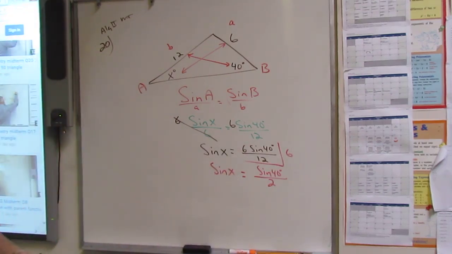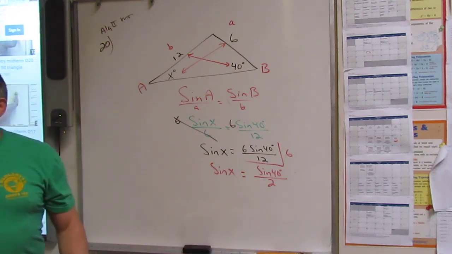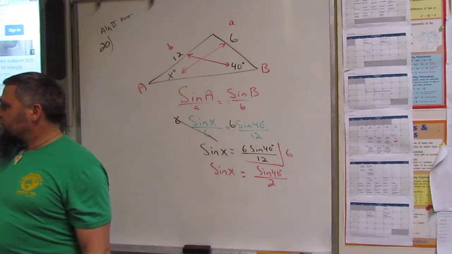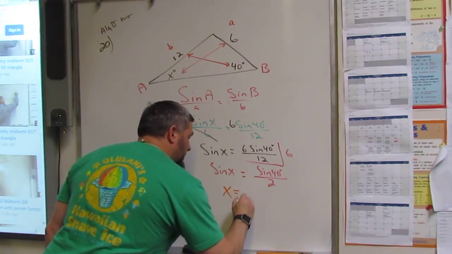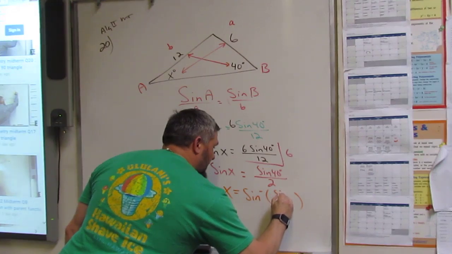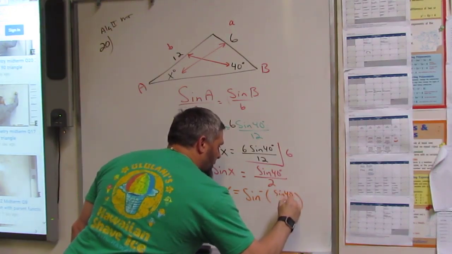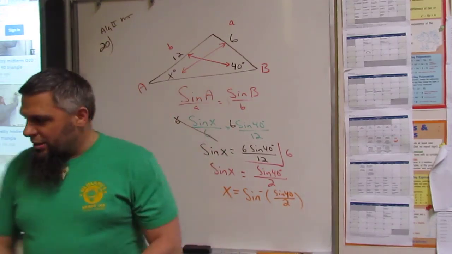Right? And from there, we need to figure out how to find x. This is that inverse sine. Right? X is equal to the sine inverse of sine 40 over 2. Let me just plug that in our calculator.